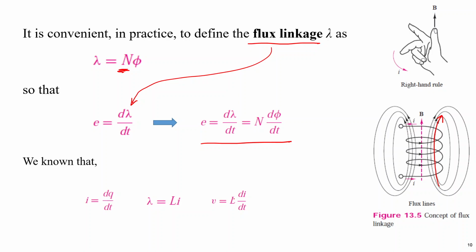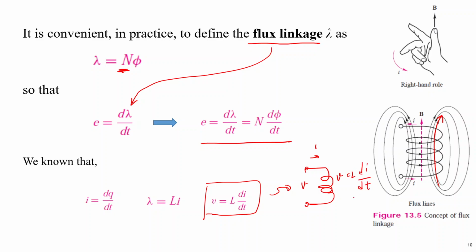So V is L di/dt. This is the equation of inductance. If we have a coil, V and I are related by V equals L di/dt, inductance.